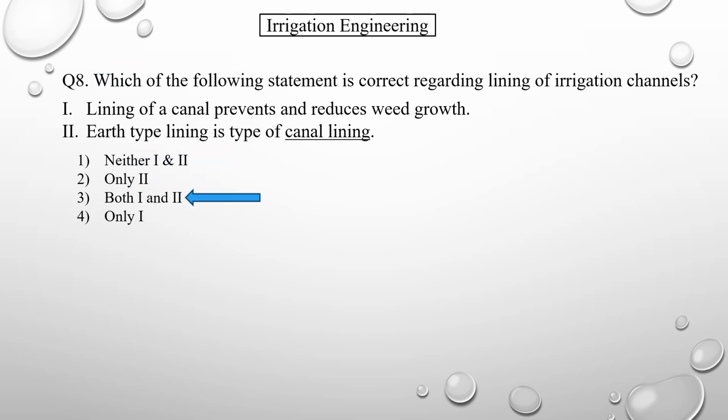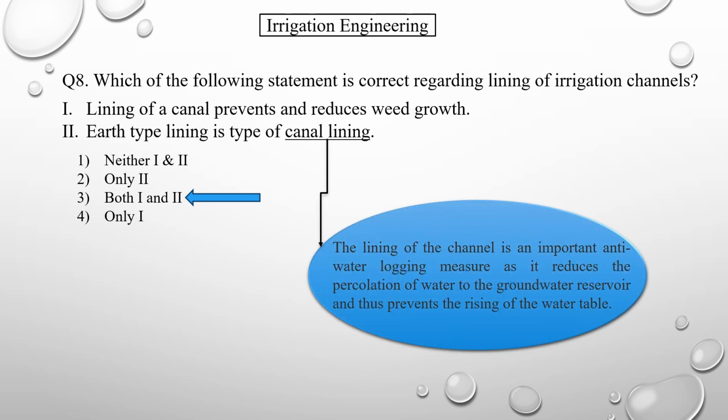So the answer is both first and second; option number 3 is correct. Canal lining is a kind of lining which is used to prevent waterlogging, to prevent the seepage of water, or to prevent the percolation of water from the ground reservoir.